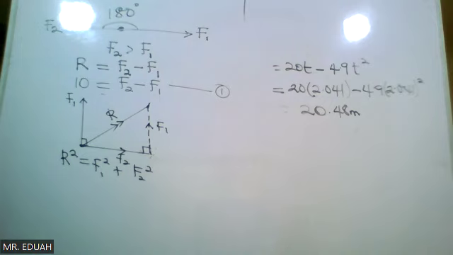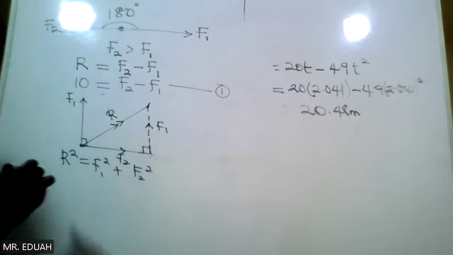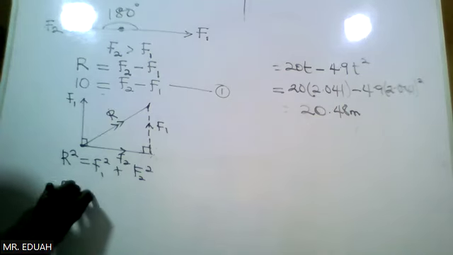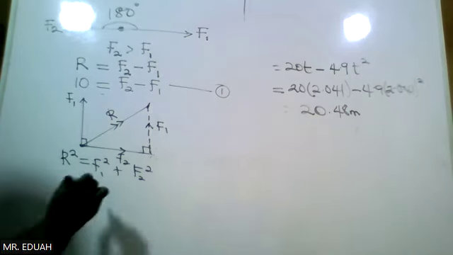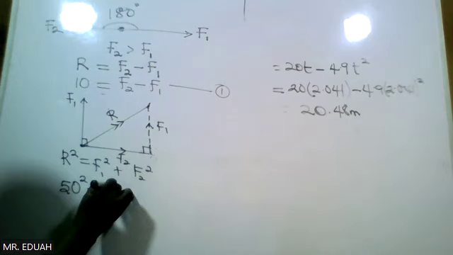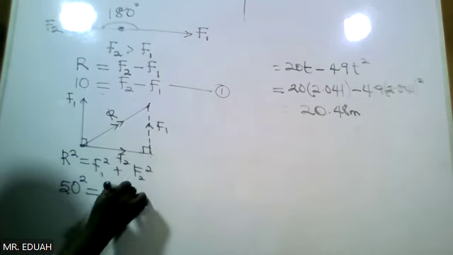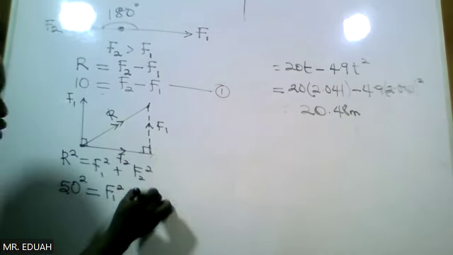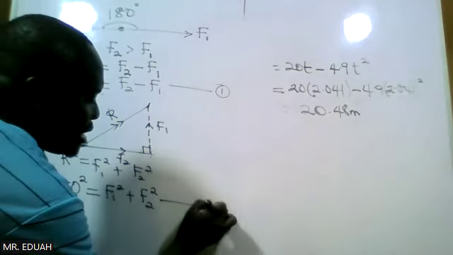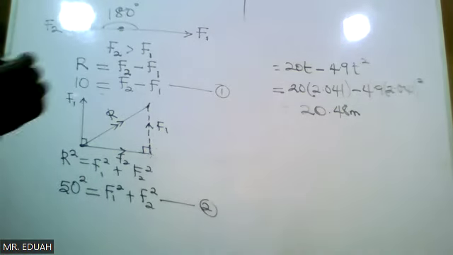Okay, so I'm told when they act perpendicularly, their resultant is 50. So 50 squared would be equal to F1 squared plus F2 squared. And this will be the second equation for the second condition.